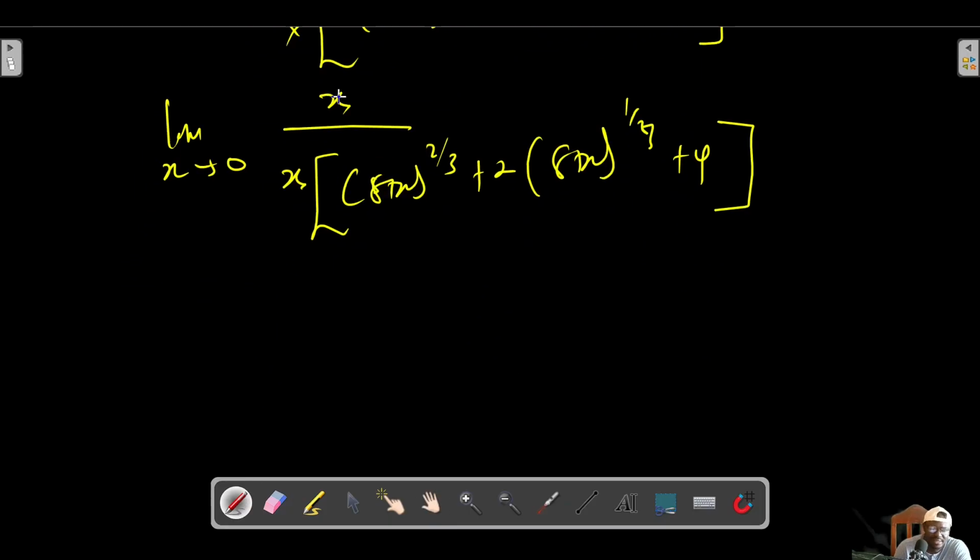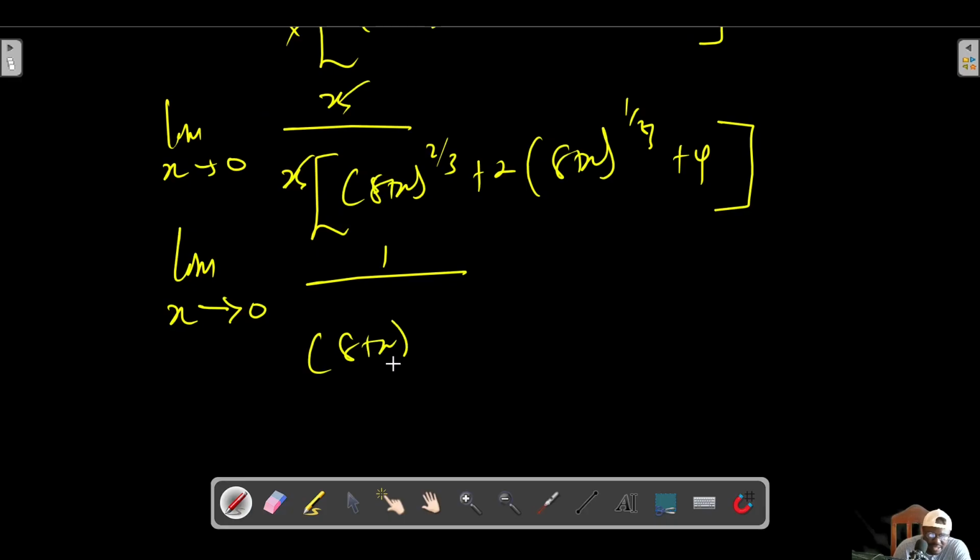So the x cancels out the x here, and we end up with the limit as x is approaching 0 of 1 all over 8 plus x raised to the power 2 over 3 plus 2 times 8 plus x raised to the power 1 over 3 plus 4.